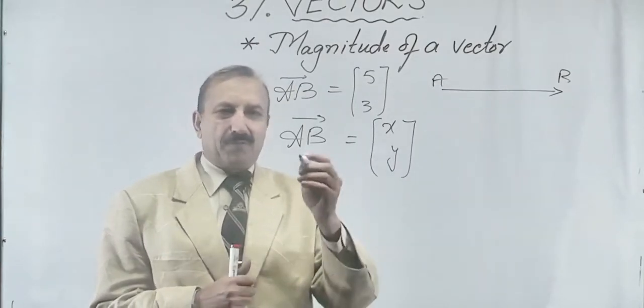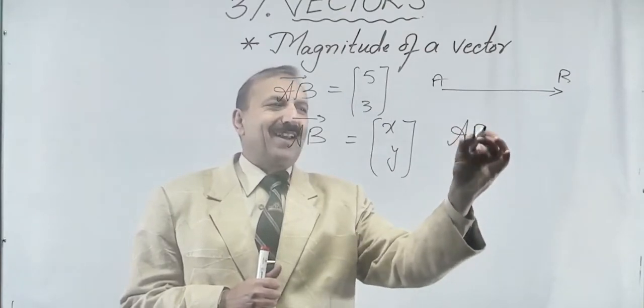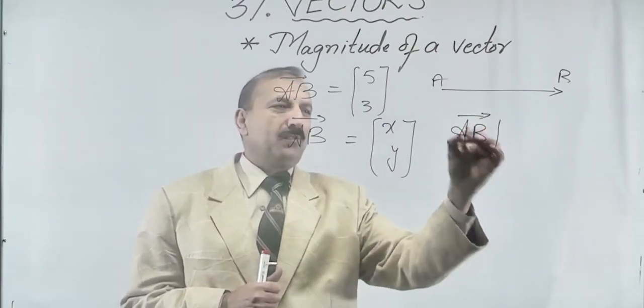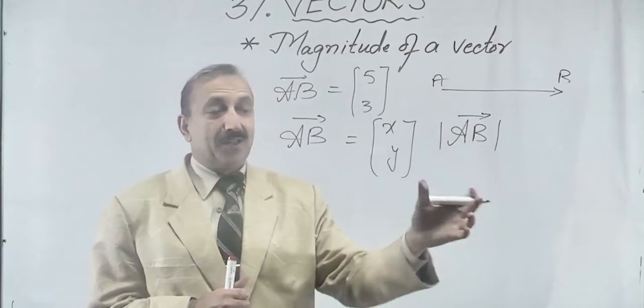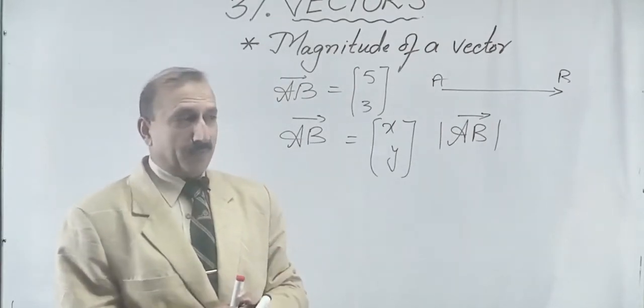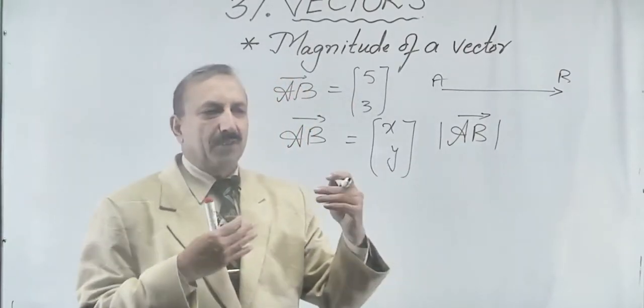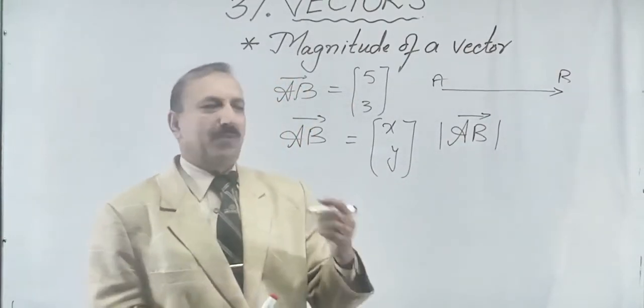And if we want to find its magnitude, it is defined as, here is the magnitude with these lines. They are absolute value in real numbers, in the numbers topic, but here they symbolize the magnitude of the vector.